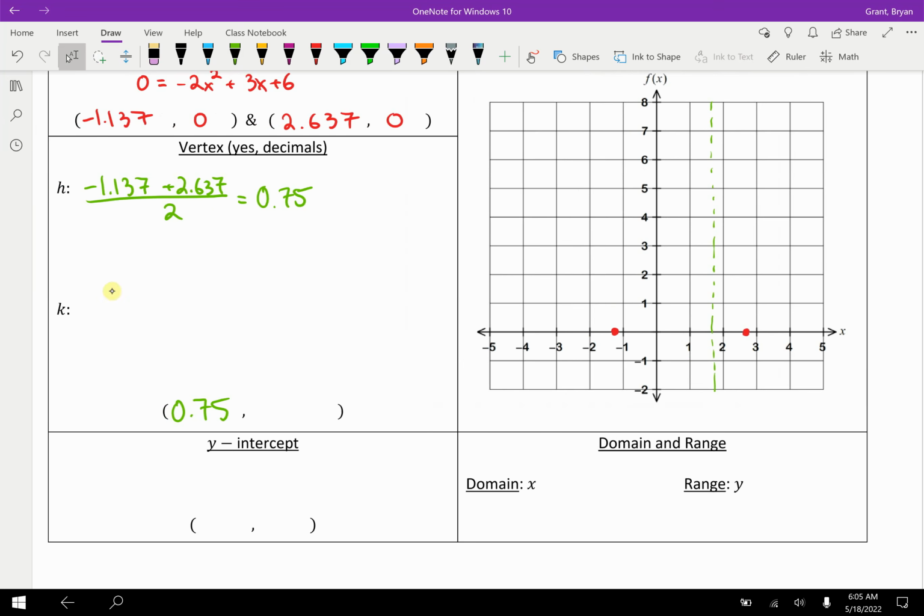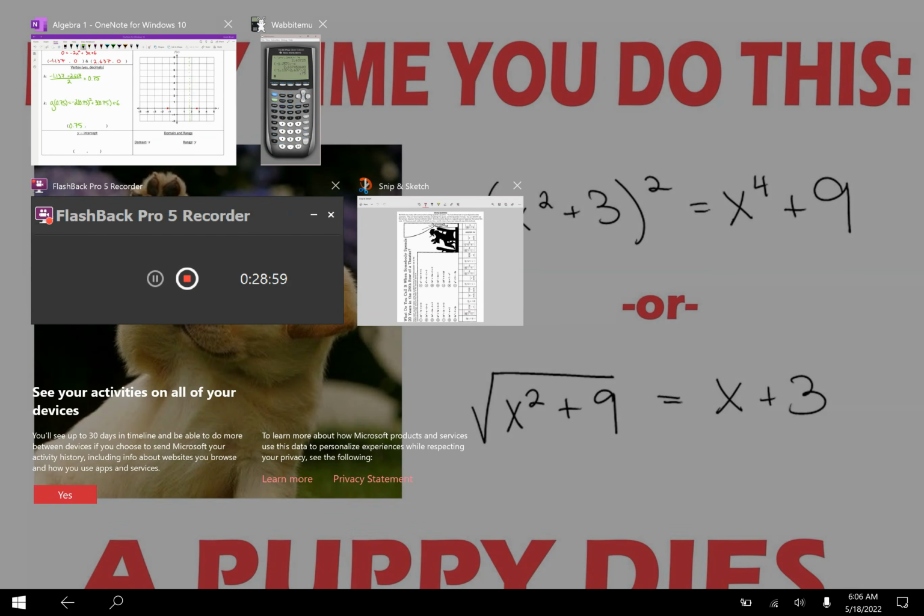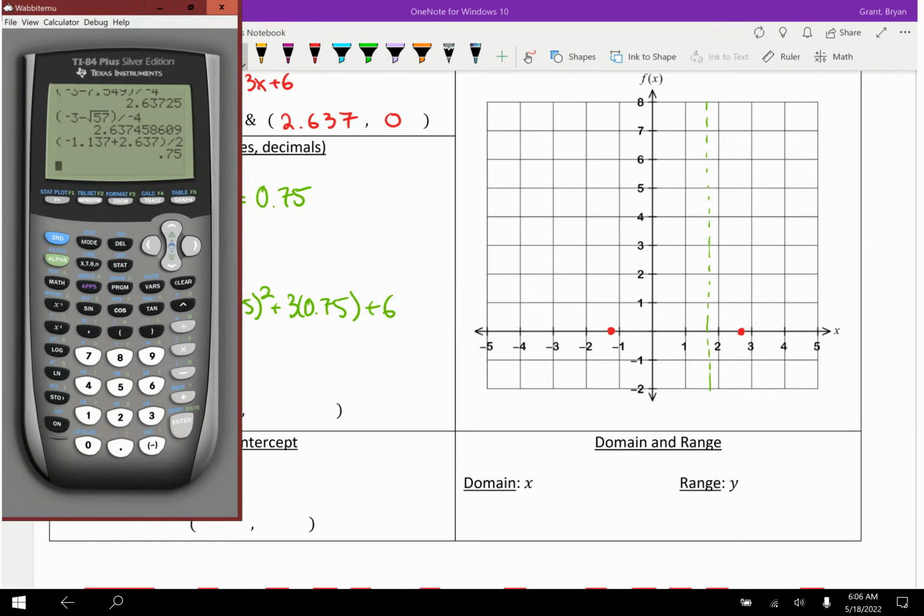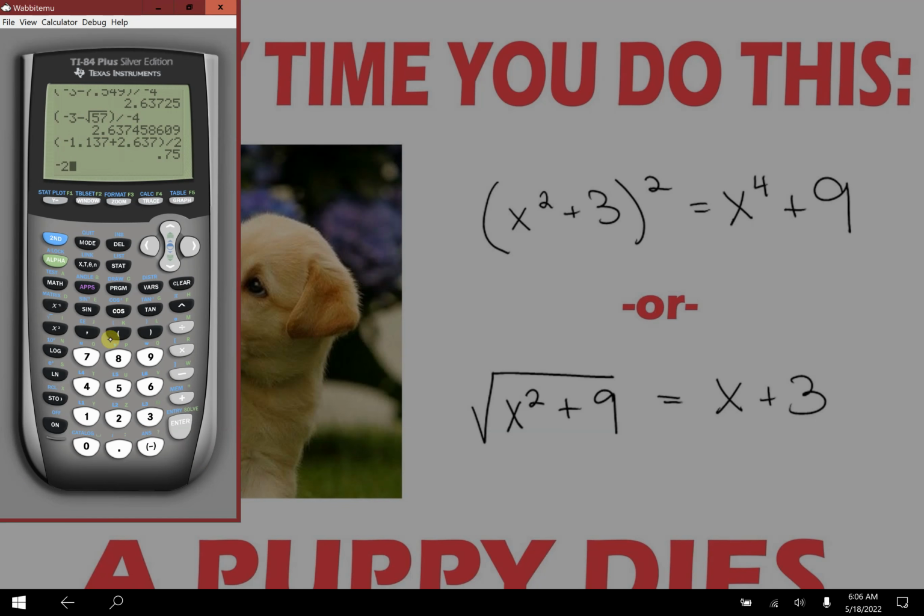K value, of course, is found by substituting 0.75 in for all of our x's. So negative 2 by 0.75 squared, plus 3 by 0.75, plus 6, and I'll do the same thing. Negative 2, 3, and 6, I think I can remember that. Negative 2 by 0.75 squared, okay, plus 3 by 0.75 plus 6.